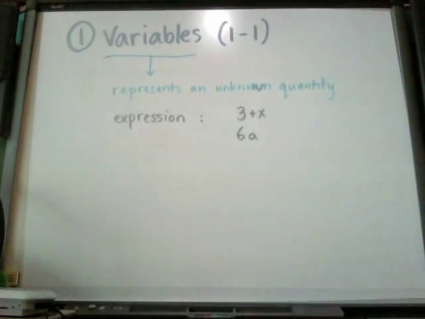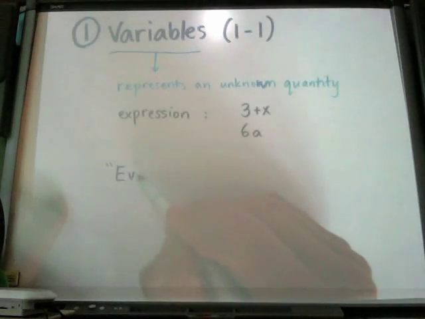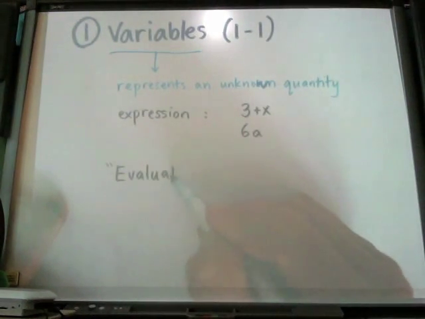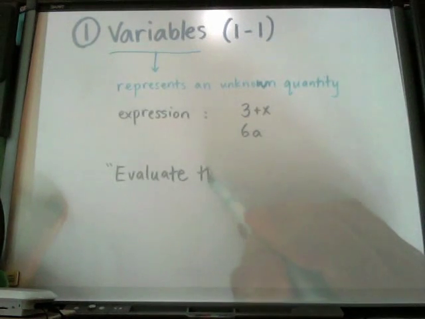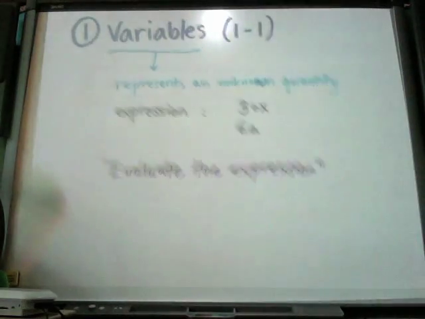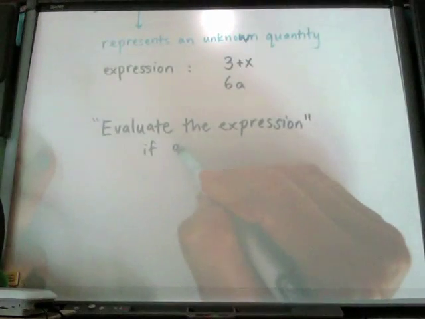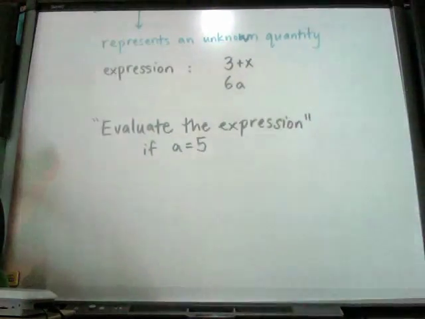But what if I asked you, or the book asked you, to evaluate the expression? If you see these kinds of instructions, evaluate the expression, and I'll say, for example, if a equals 5.